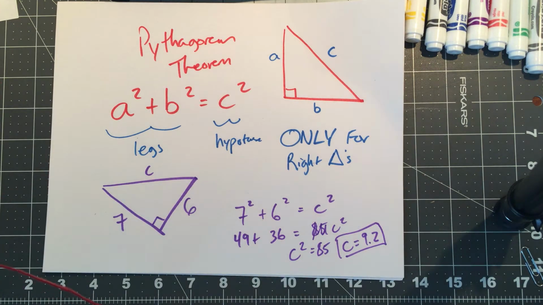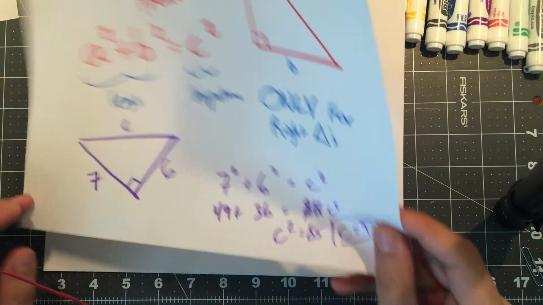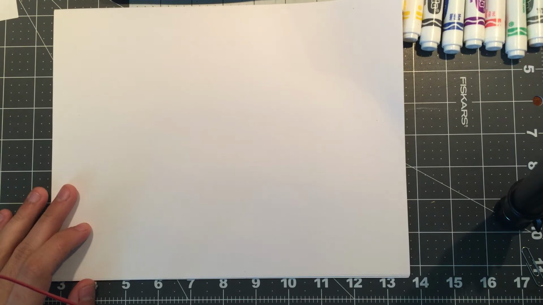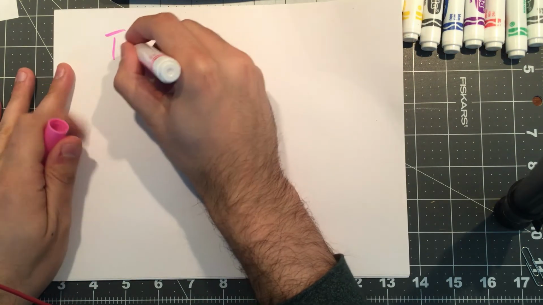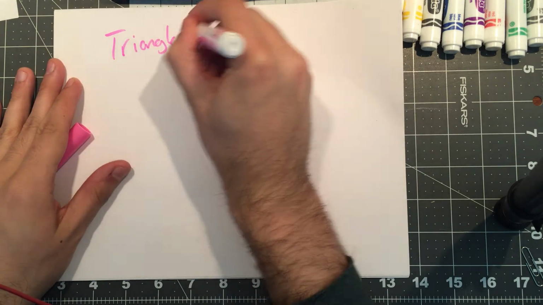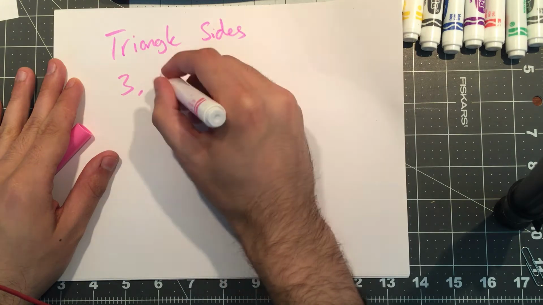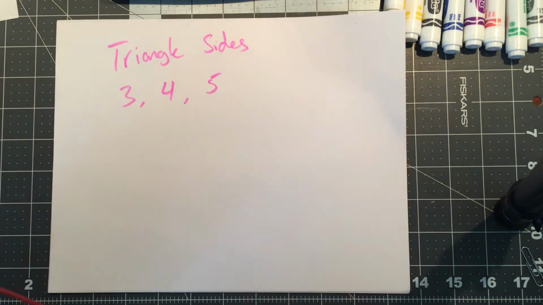Well, we can actually do what's called the converse of this, which is to take this idea and work backwards. So, for example, last semester, I think, we had rules for making a triangle. So let's say we have a triangle with these 3 sides.